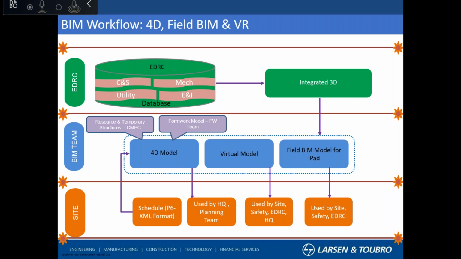And who are the users? The users are the project team, the design team, safety, quality, and all business unit teams, also the client. Everyone is a user of this entire process.